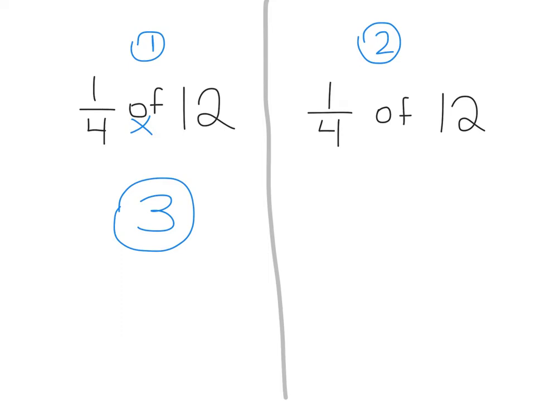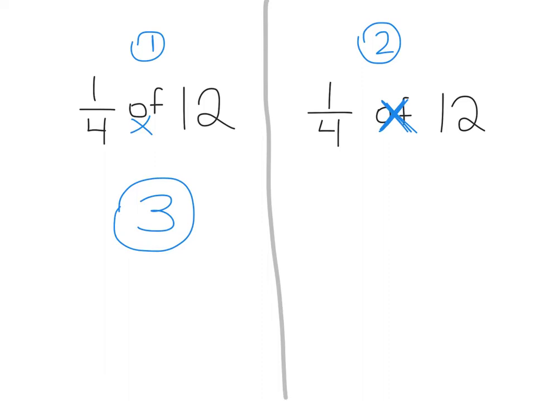Another way to solve this is to just solve it like we have been and multiply the 2 fractions. So we have 1/4 of 12, so that means 1/4 times 12. And so now I'm ready to multiply, but when I multiply fractions, I need to multiply the numerator times the numerator and the denominator times the denominator.